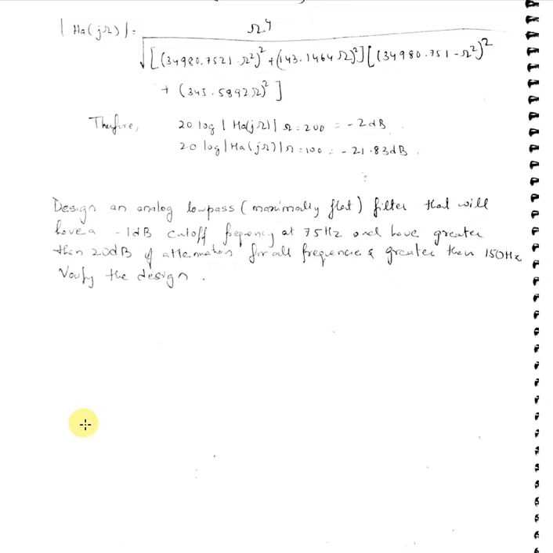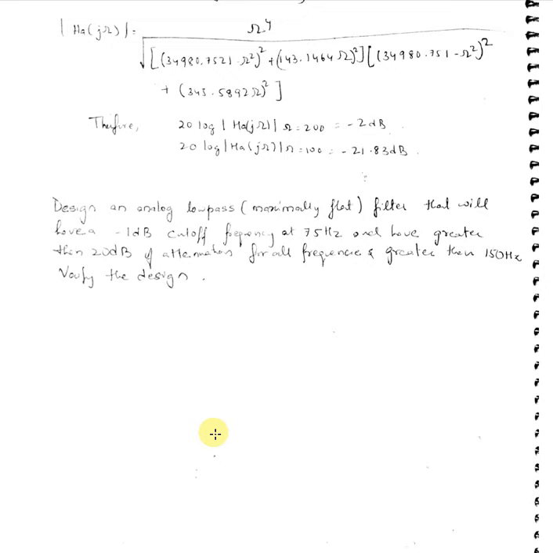You can ask me why I don't substitute the low pass transformation equation. If you go back and see the low pass transformation equation, I have written low pass to low pass. In that, when you are converting from low pass to low pass, s is equal to s by omega p. Our omega p is 1, so s will be replaced by s by 1, that is nothing but s, so it remains the same.